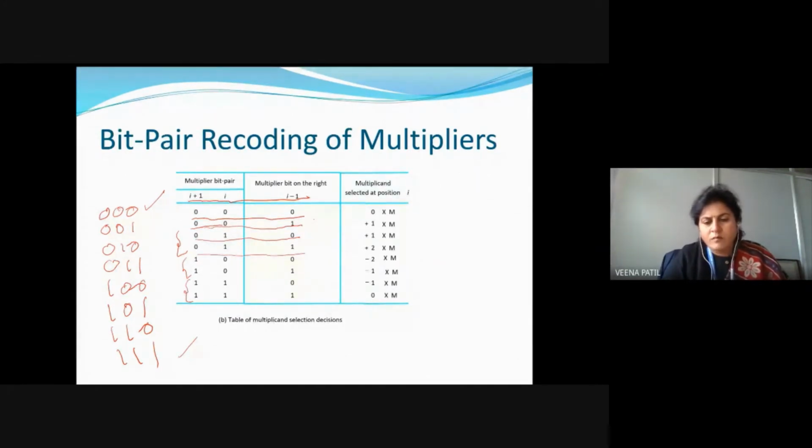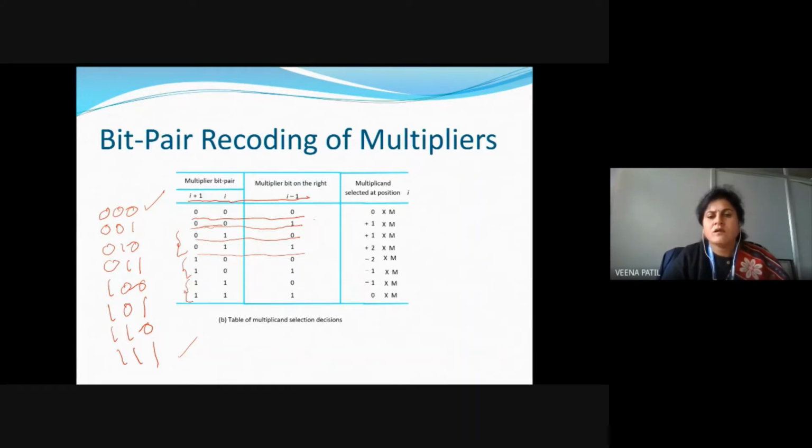Once you have finished, please put a message that you are done. Quickly put a message. Good. Vivek is done with plotting the combinations. Yes. Who else?